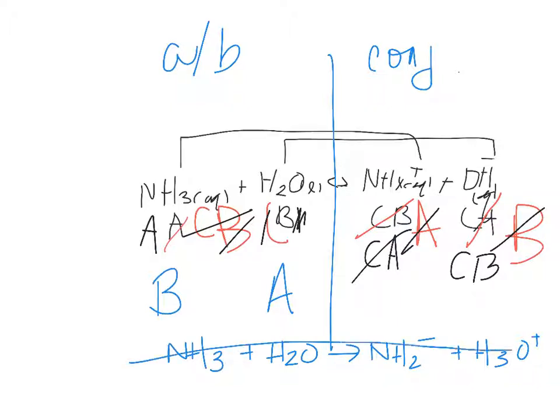So that's the base. That makes that the conjugate acid. And that makes that the conjugate base. So if you're an acid, your H plus, your other side becomes the conjugate opposite.